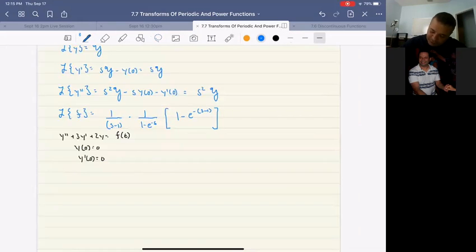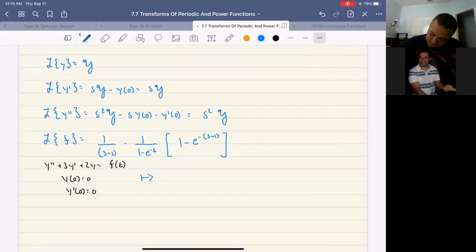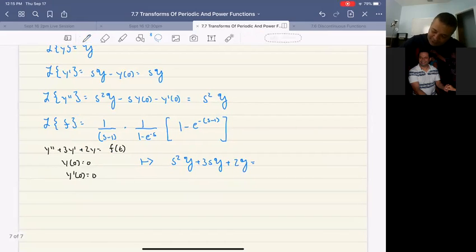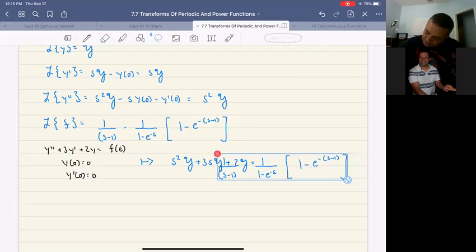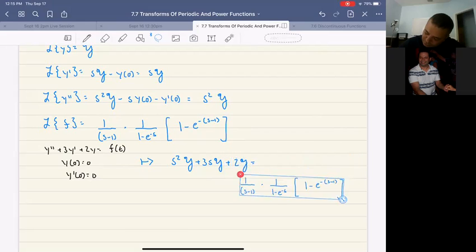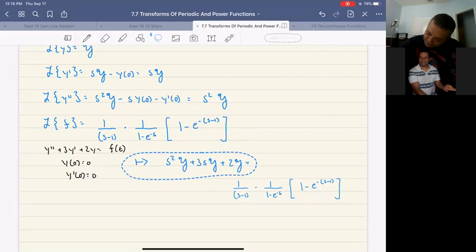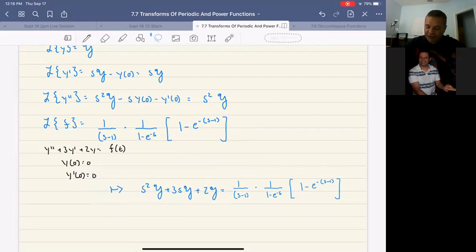It transforms to s squared y plus 3sy plus 2y equals this mess. So that's our new equation, that's our Laplace transform equation.